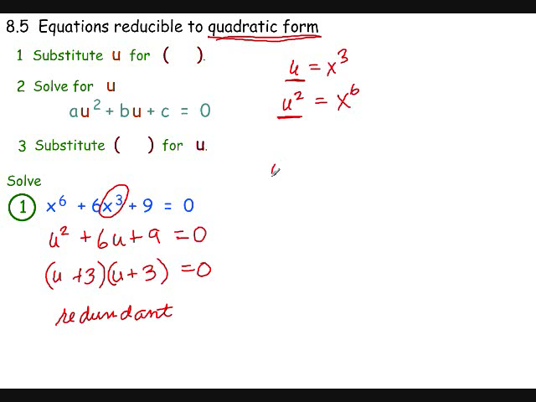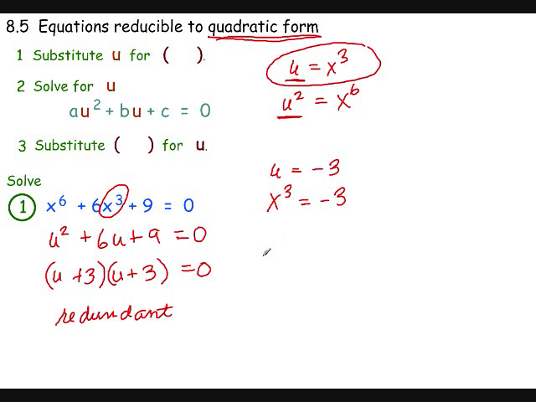So we've got U is equal to a negative 3. We also know that U is equal to x to the third power, and really what we want to know is what x is. X to the third power is equal to negative 3.